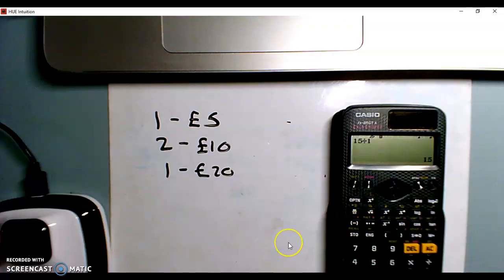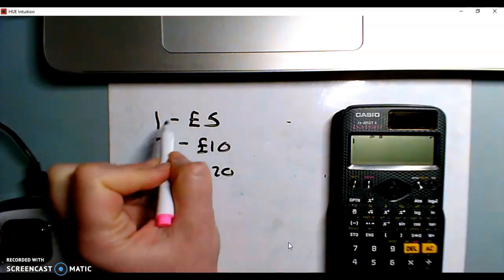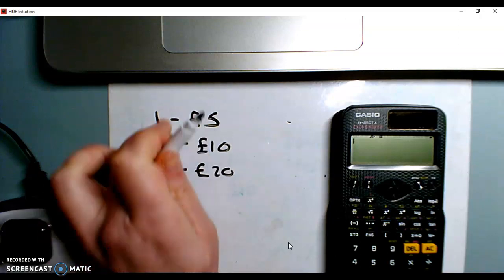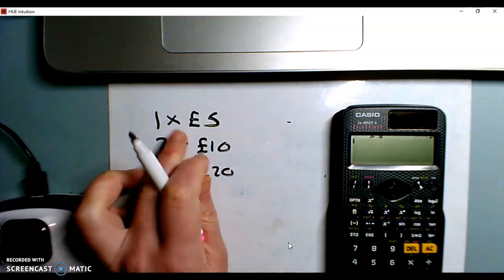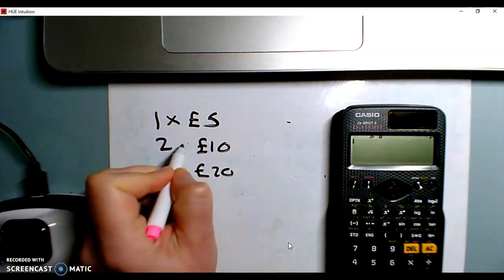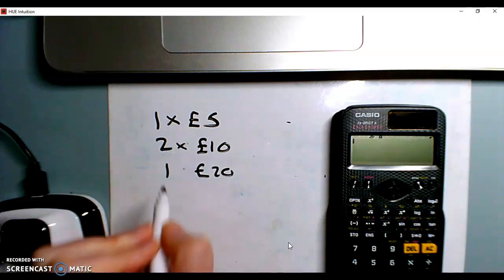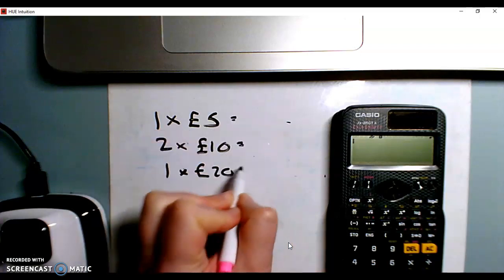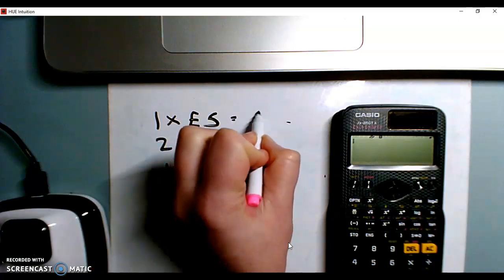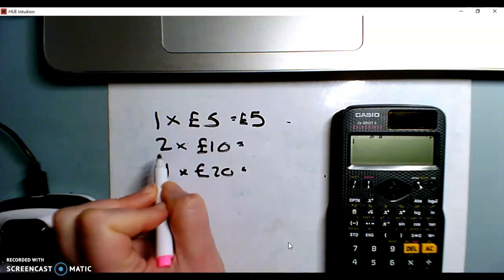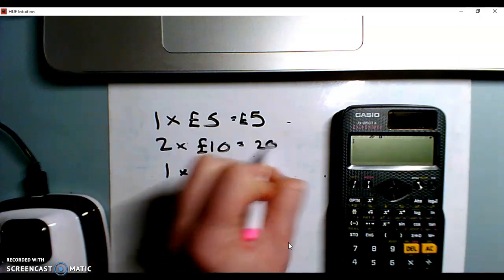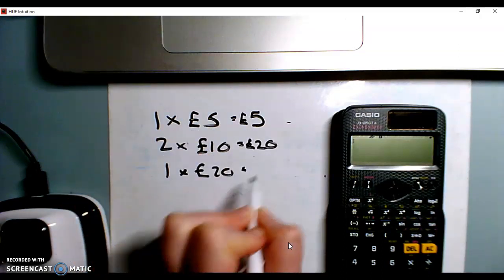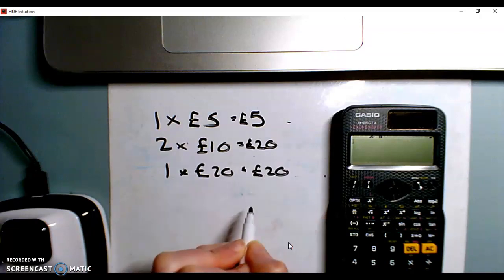If I have one lot of 5, that's 1 times 5. If I have 2 lots of 10, that's 2 times 10. If I have 1 lot of 20, that's 1 times 20. So 1 lot of 5 is £5, 2 lots of 10 is £20, and 1 lot of 20 is £20.